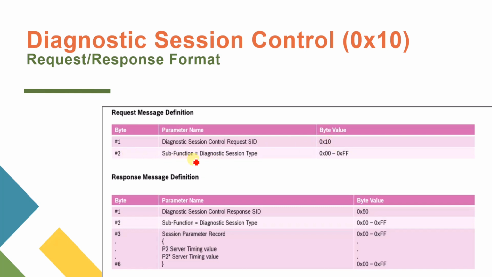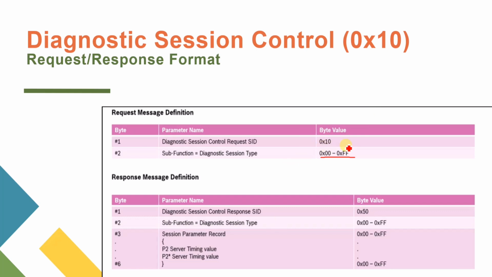Then the second byte will be the subfunction type, which supports 00 to 0xFF. Subfunction 01 is default session, 02 programming session, 03 extended session. Whatever subfunctions we discuss now will come into the second byte. So first we request 10, after that whatever subfunction you want will be in the request message, then you can send it to the server.